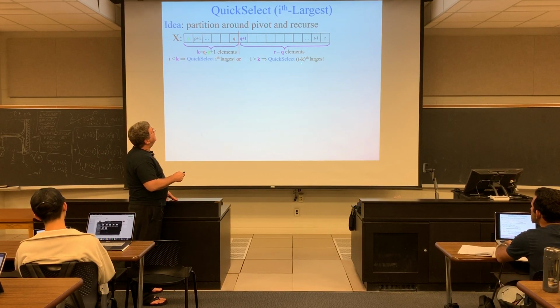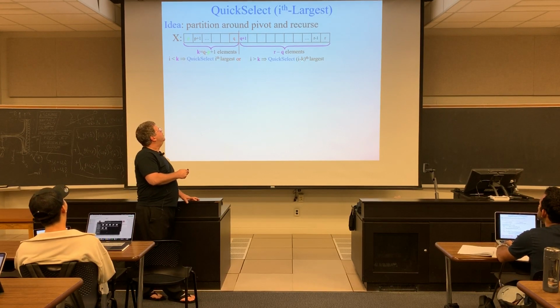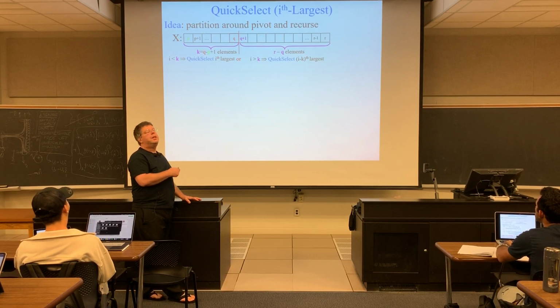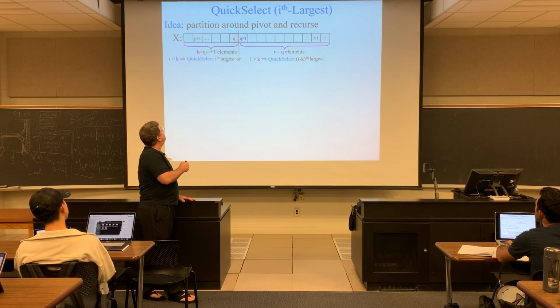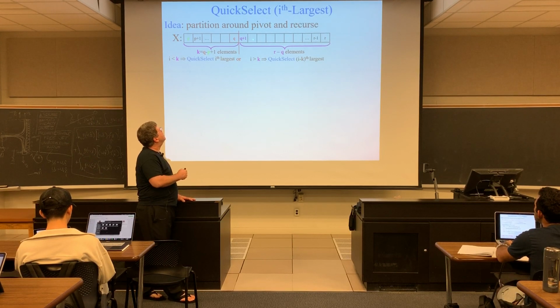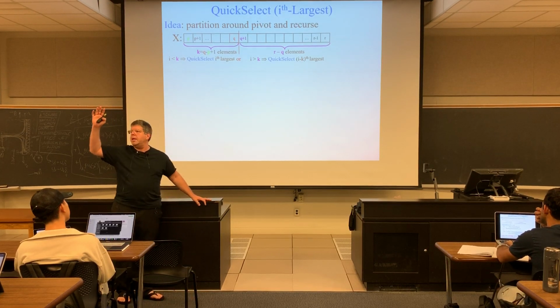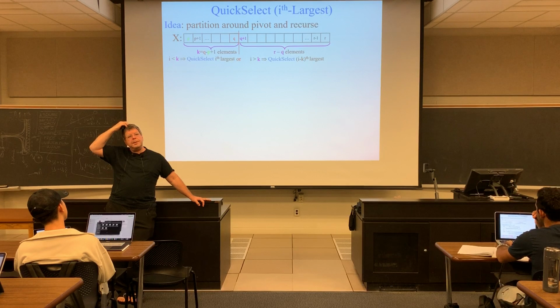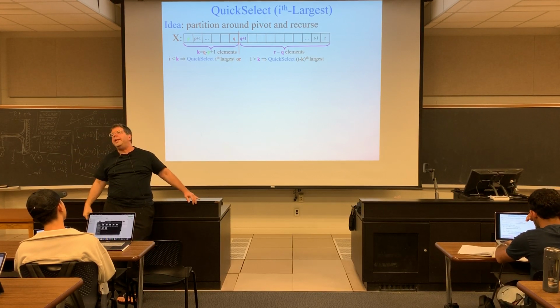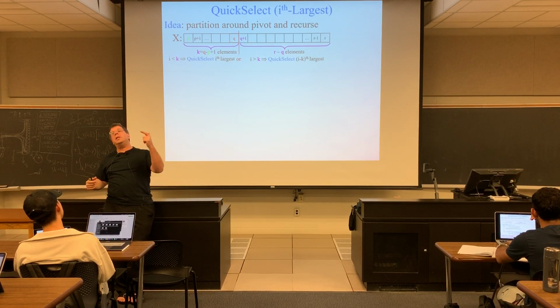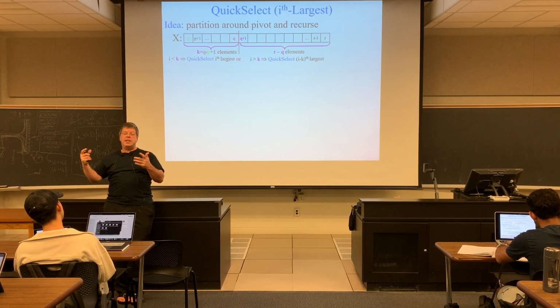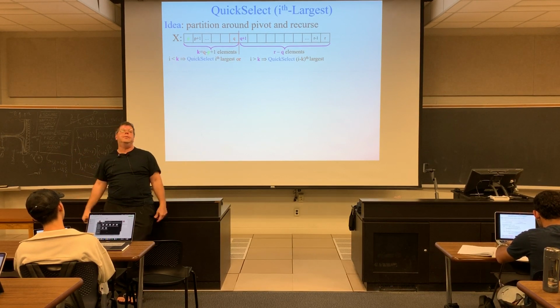And when we recurse on the second half, we're not going for the ith largest anymore. We're going to try to find the i minus kth largest, because there's k of them here, and we're not even looking at any of them. So whatever the ith largest overall was, it's the i minus kth largest in this upper portion. How many understand that? Just like we did on a previous slide, when we had 100, and we're going for the 87th largest. So that's the 37th largest in the upper 50, which is the 87th largest in the whole 100.